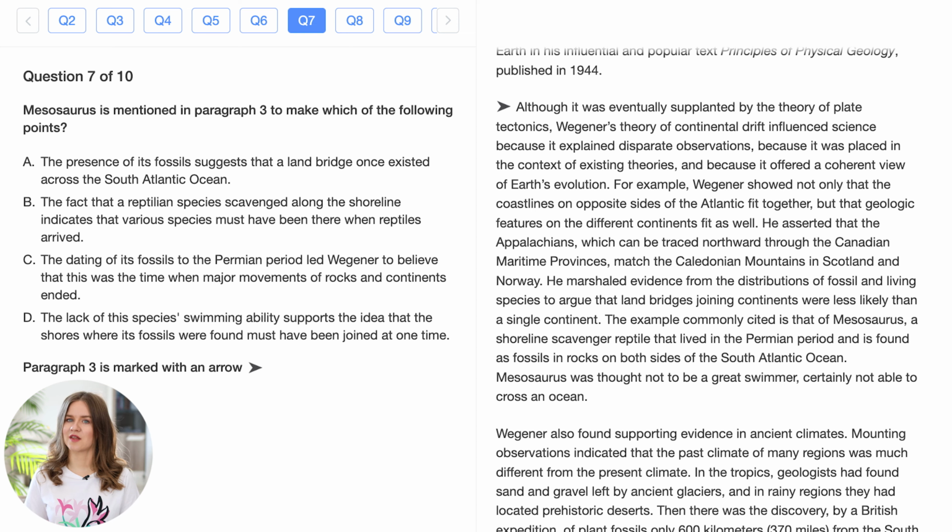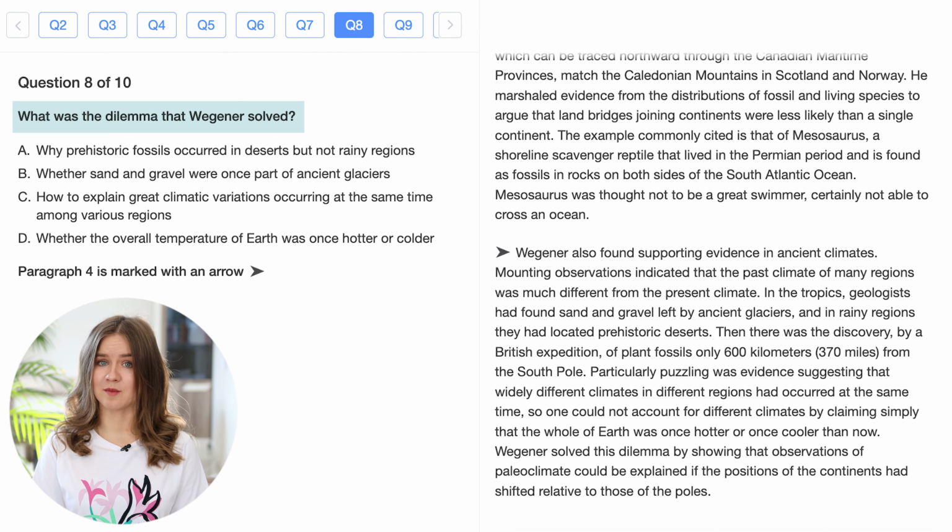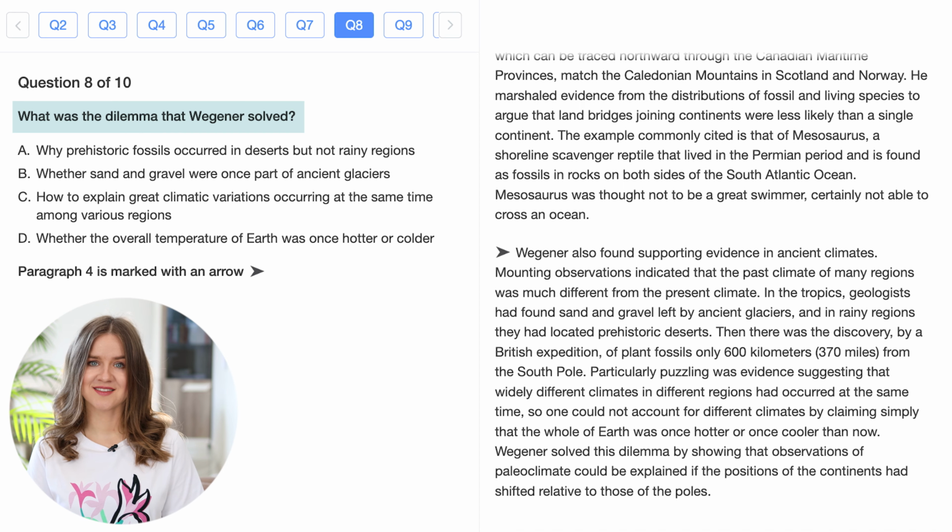That supports the idea that the continents were once connected, that those land areas were likely part of the same continent. That's exactly what option D says. The lack of this species' swimming ability supports the idea that the shores where its fossils were found must have been joined at one time. Well done!